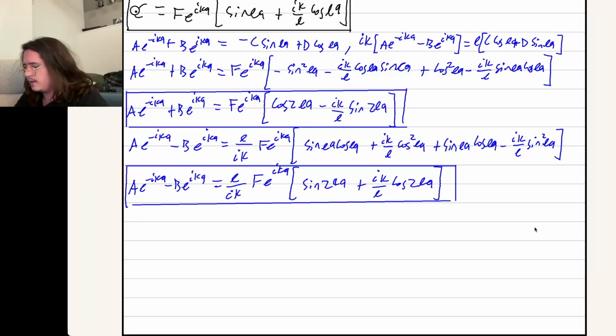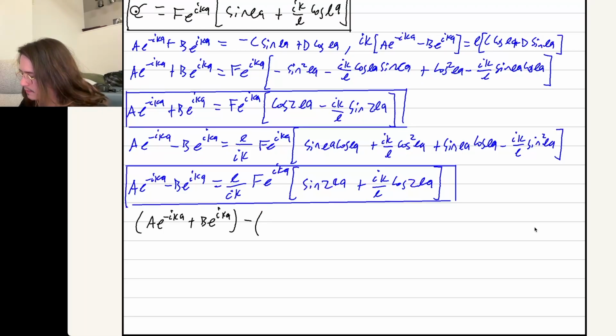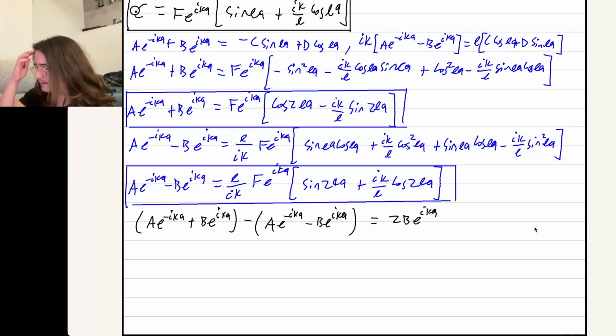So what we're going to do is we're going to notice that if you add up, or actually let's do the first term that we calculated, that sum of the b and a terms, and then take minus the difference term, which we also calculated, because that's just going to give you 2b e to the ika, right? The a bits will cancel out. So let's subtract these terms.